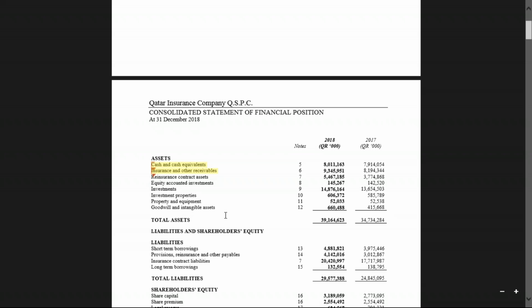When I talk about investments, these are investments made by the insurance company into other companies, investment firms, investment banks, etc. So these investments would also come under this, based on the type of investment that has been made, whether that investment brings in a contractual cash flow or not. Based on that, the impairment would be computed.